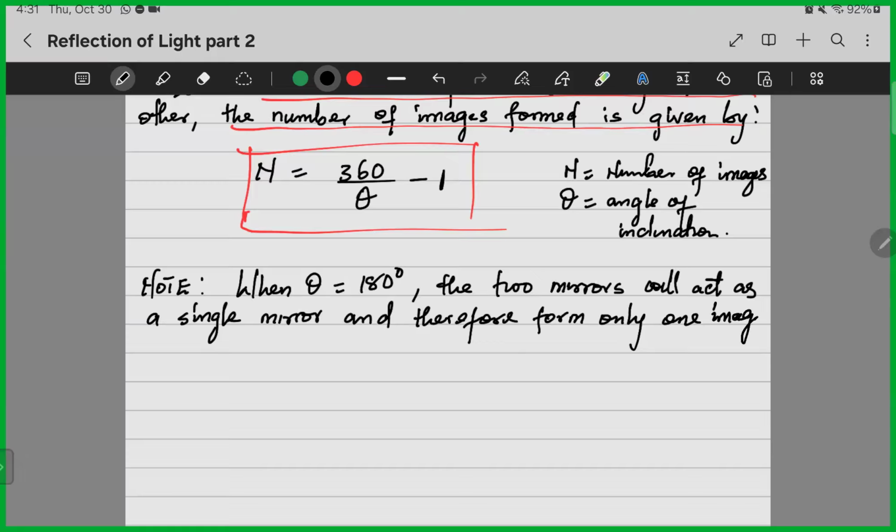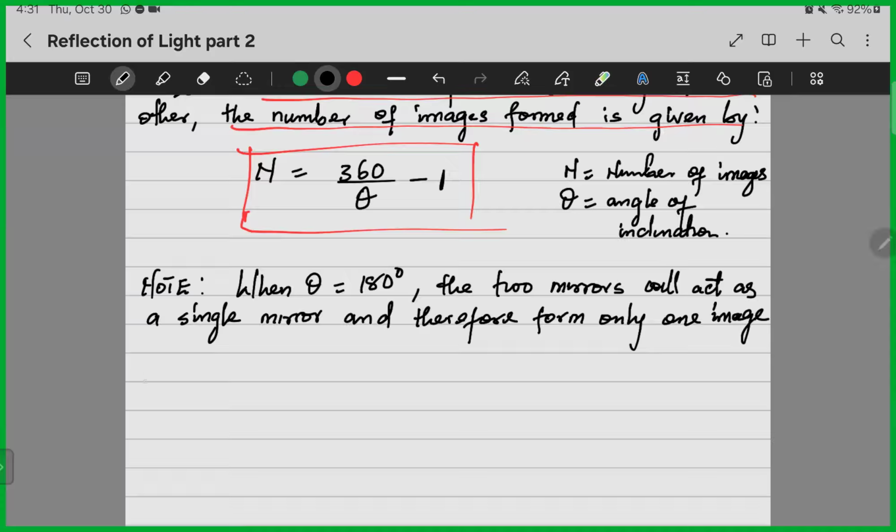We can clearly see that by the formula. If you put in theta as 180, you have 360 divided by 180, that will give you 2 minus 1, 1 image. So whenever you have theta as 180, the two mirrors act as a single mirror.